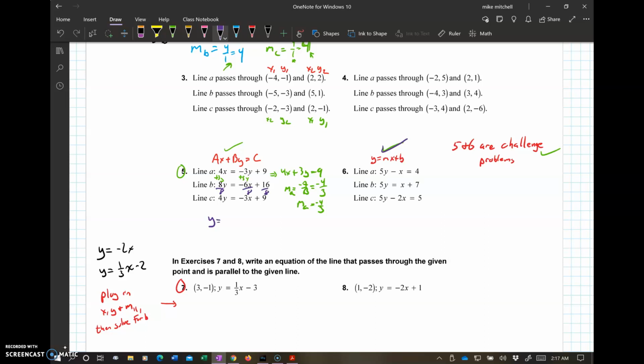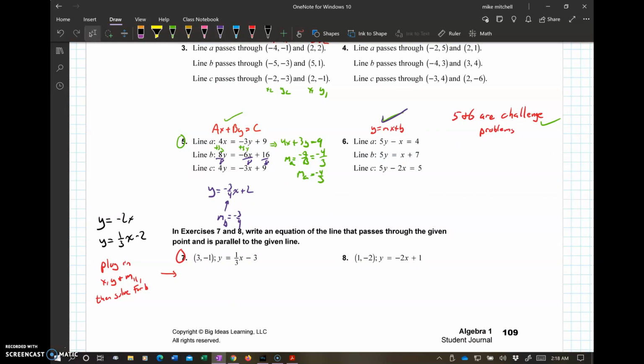Negative 6 over 8. I can divide those by 2. That's negative 3 over 4x plus 2. My slope is right there. M of line B equals negative 3/4. That's not the same as this one, so that's not parallel.